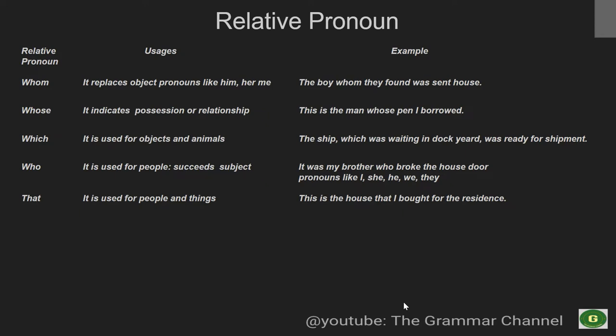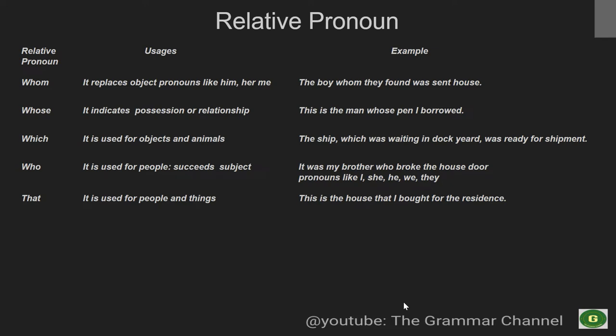I repeat, whom replaces object pronouns like him, her, or me. This is used in a proper way. The boy whom they found, the boy was found by them. So the boy whom they found was sent home.